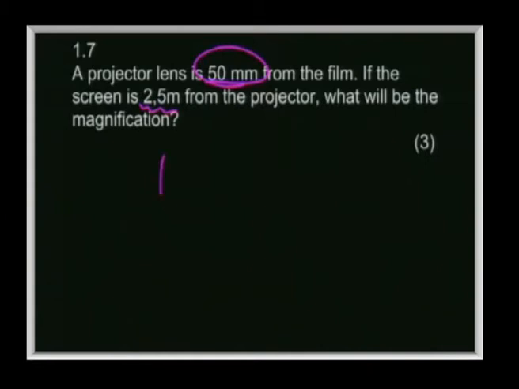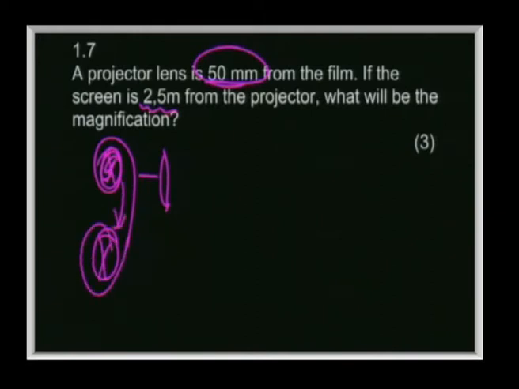If this is my projector lens, and this is the distance from the film, so there's your film reel running from one reel onto another in a cinema. So it runs from the one over onto the other. There's my lens, the light shines through it, and there's my cinema screen. The one distance over here would be 50 millimeters, and this distance would be 2.5 meters.